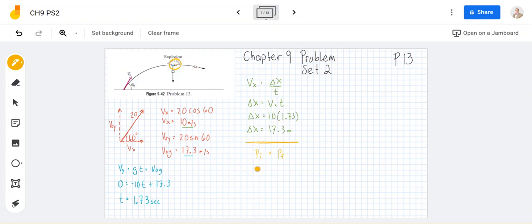If I take the shell as m moving at speed vx, afterward we're going to have two pieces, one of which is m over 2 moving at some new speed v, plus the other one, m over 2, but it fell straight down, so its momentum in the x direction was 0.